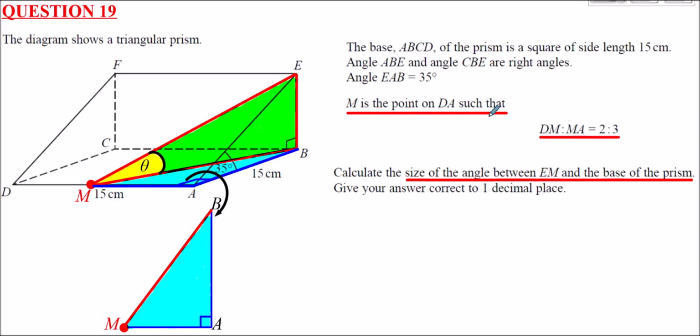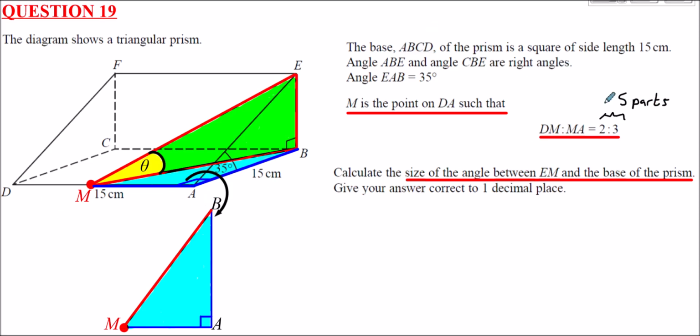So M is on DA and it splits DA in the ratio 2 to 3. Now the full length of DA is 15 centimetres. Remember, it's a square. And so 2 to 3, that adds up to 5 parts in total. But in total, the length from D to A is 15 centimetres. 5 isn't 15.